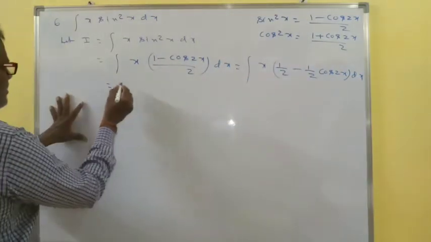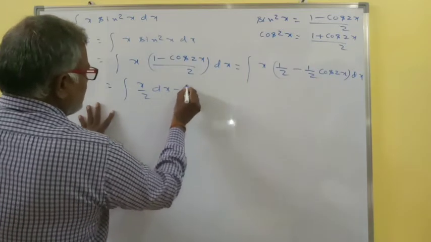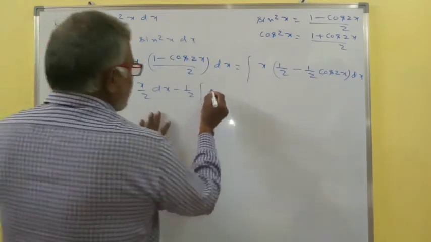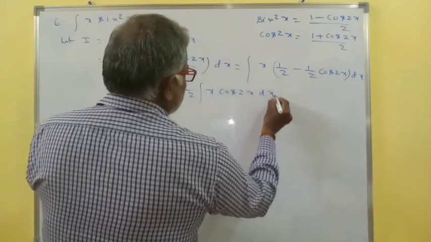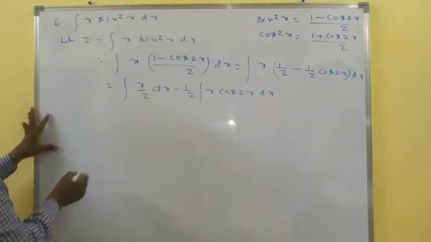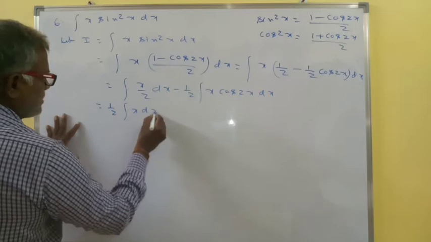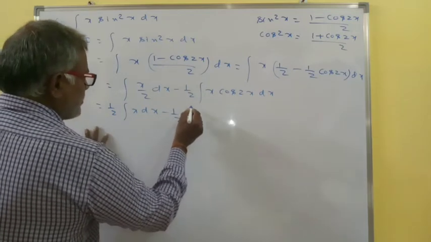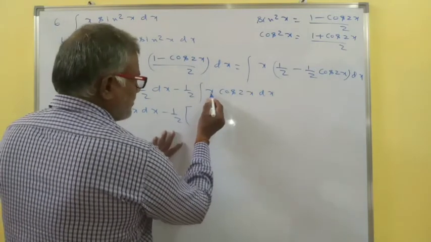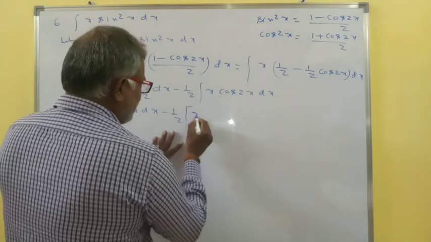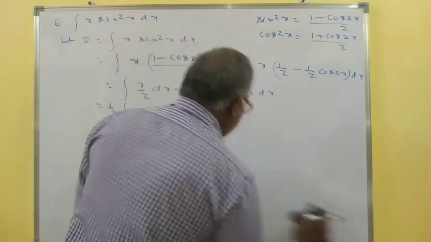So finally, integral x by 2 dx minus 1 by 2 into integral x cos 2x dx. Okay. So 1 by 2 into x dx minus 1 by 2 into, here first function into integral of second function.